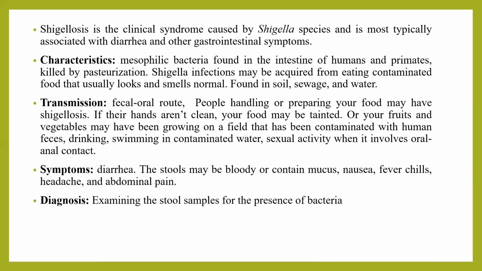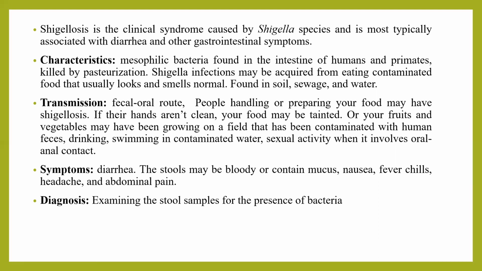A very important point to be noted here is that proper cooking temperatures can kill this organism. The normal cooking temperatures which are used for pasteurization can kill the organism, and if you follow proper cooking procedures, this infection can be avoided. As this organism is an intestinal pathogen, the transmission is through the fecal-oral route.